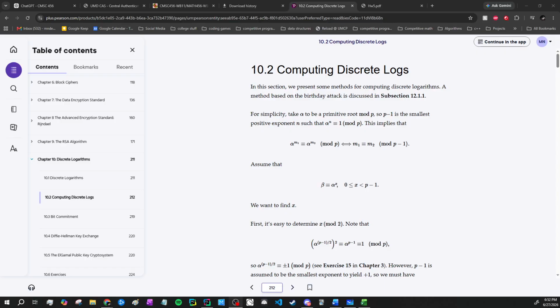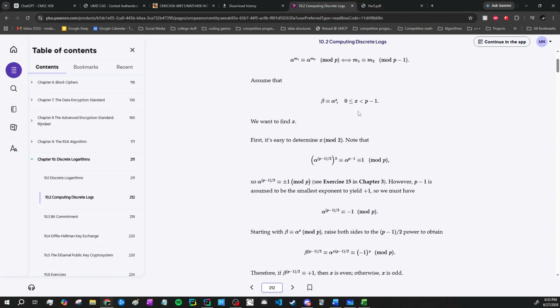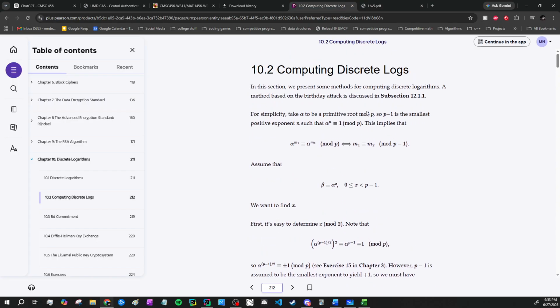So remember, we're just trying to compute the discrete log for this prime, this time using baby step, giant step. So let's do our little math thing.